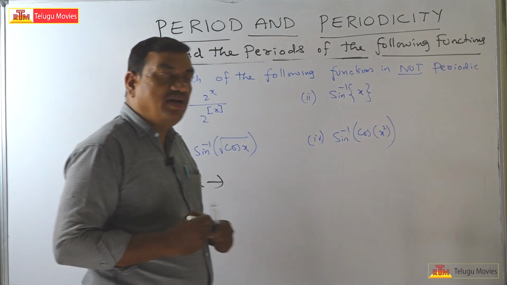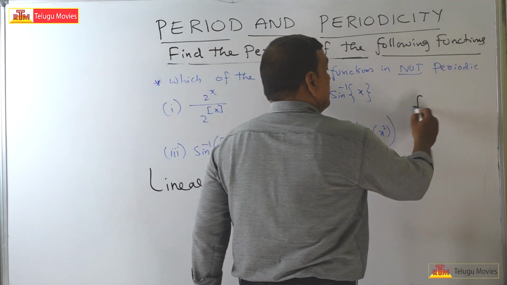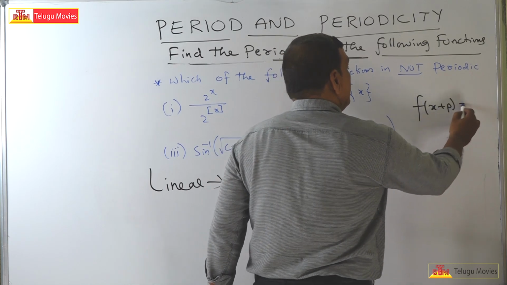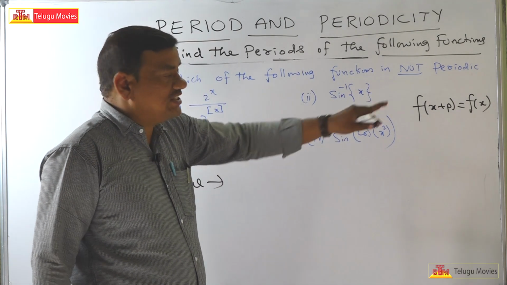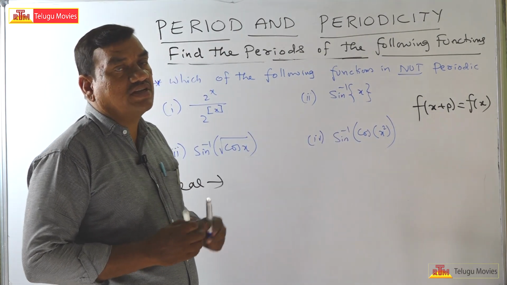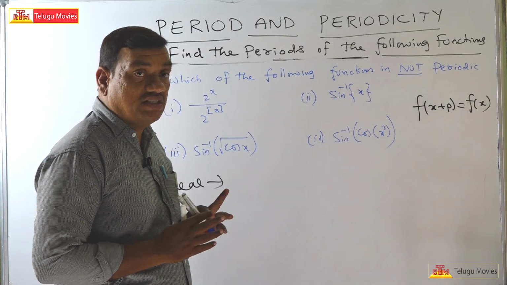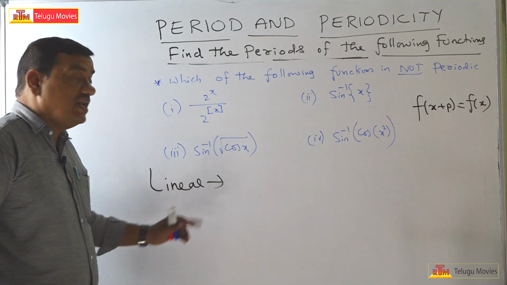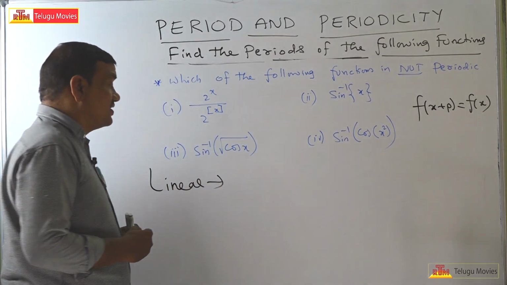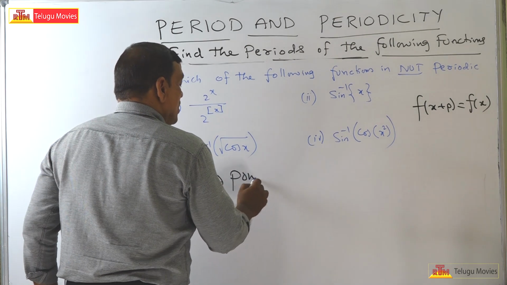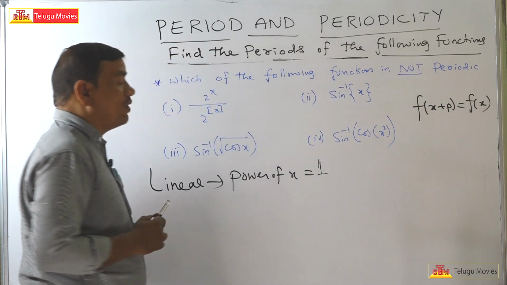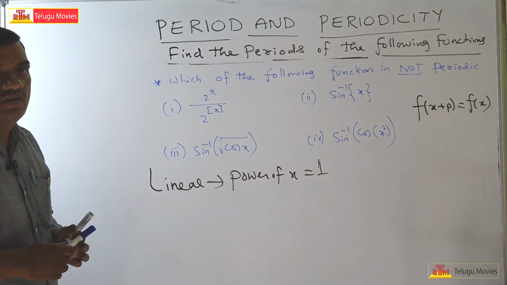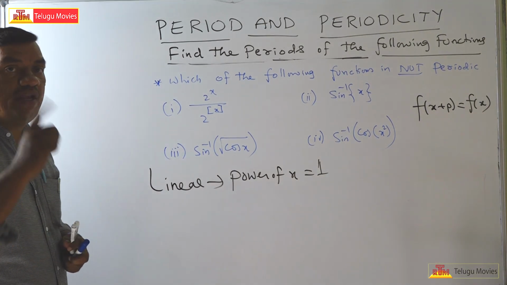Because in the fundamental definition itself, it is given that f of x plus p is equal to f of x. In the fundamental definition, only linear functions are considered. What do linear functions mean? The power of x, or the degree or exponent of x, should be equal to 1.